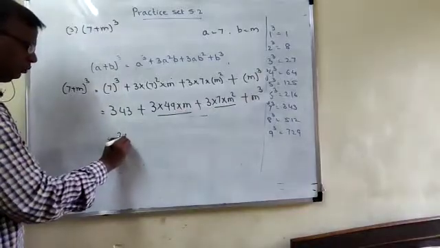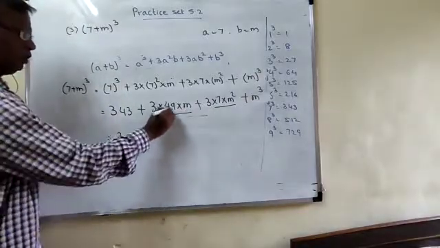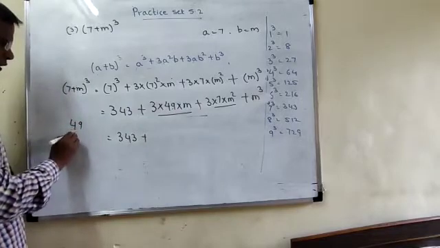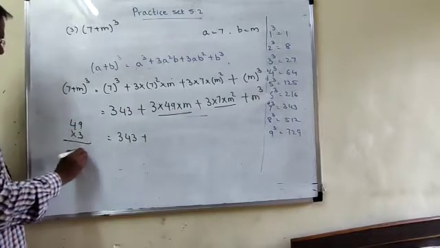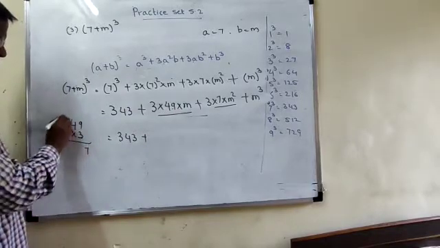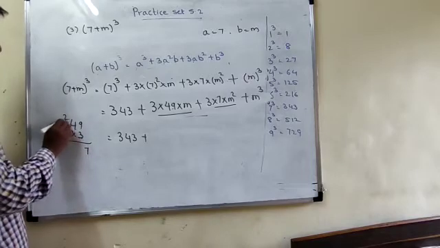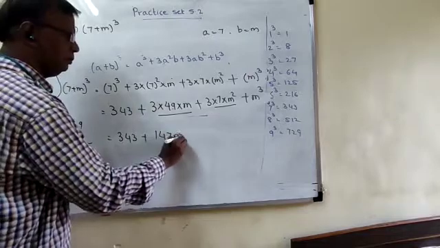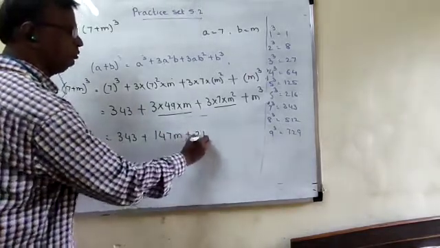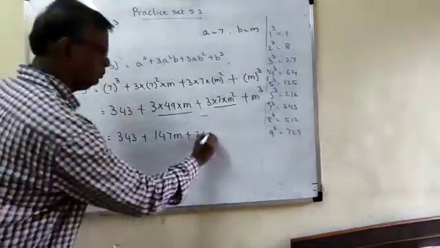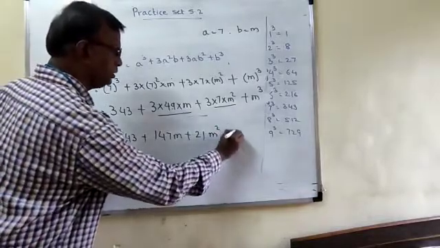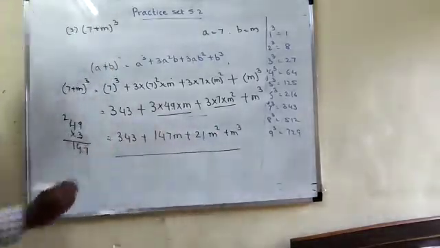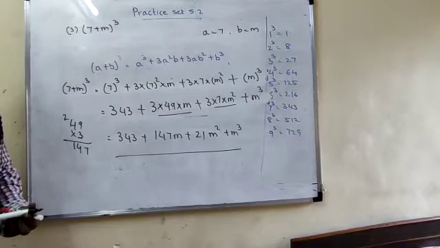So this will be 343 plus 49 3s are, multiply, 49 3s are, 3 9s are 27, 2 3 4s are 12, 13, 14, 147 m, 3 7s are 21 m square plus m cube. That's enough. Any doubts, students?